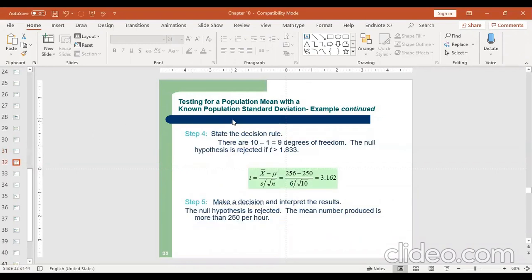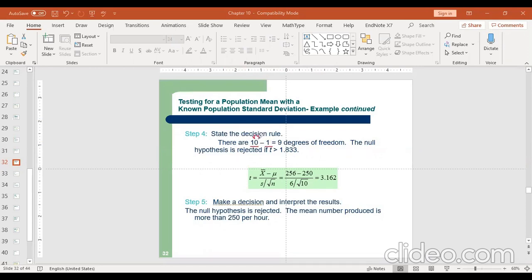So now here we are going to state the decision rule. There are 10 minus 1 is equal to 9 degrees of freedom. So what is the degrees of freedom? Degrees of freedom is actually the number of numerical values in the final calculation. So this is n minus 1.